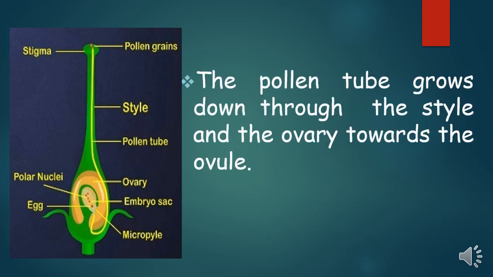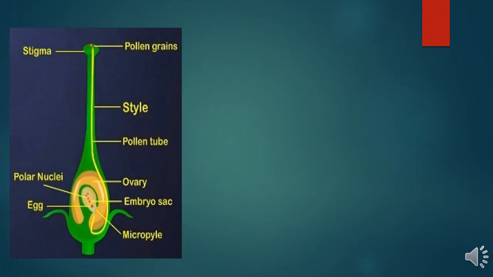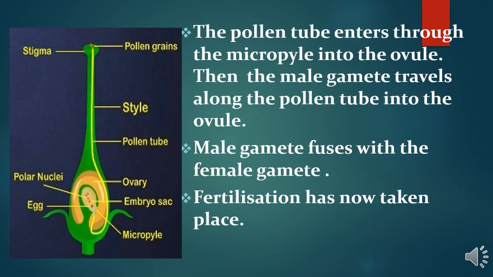Now see the next picture, my dear students. The pollen tube grows through the style until it reaches an ovule inside the ovary. Now you can see the pollen tube has grown up to the ovule through the style.